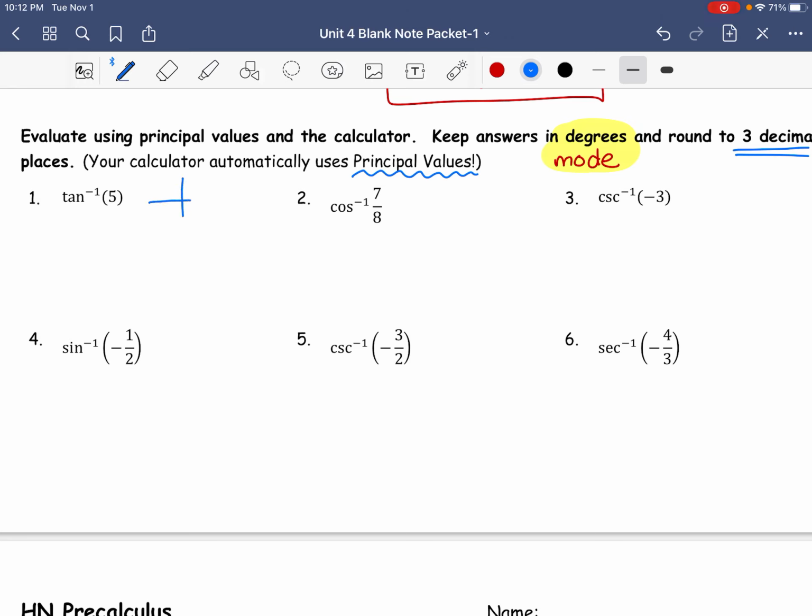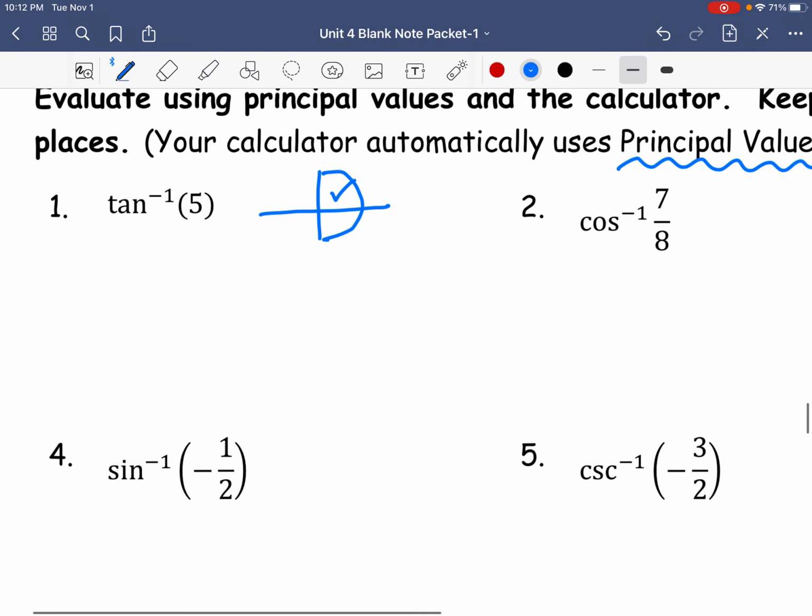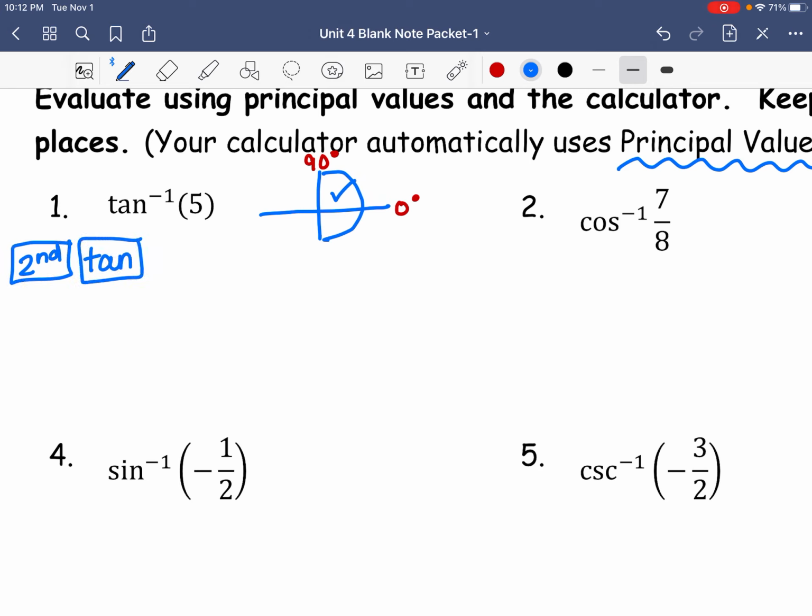Problem 1. Before we touch the calculator, let's think about where our answer is going to be. Inverse tan. I could be in 1 or 4. This is a positive 5. I'm going to be in quadrant 1. And in degrees, my answer better be between 0 and 90 degrees. Let's see what the calculator does for us. In your calculator, hit the blue second key and then hit tan. And do you see how it gives you an inverse tan?